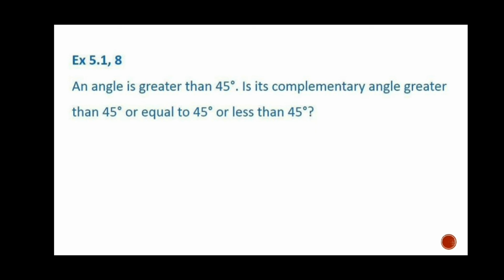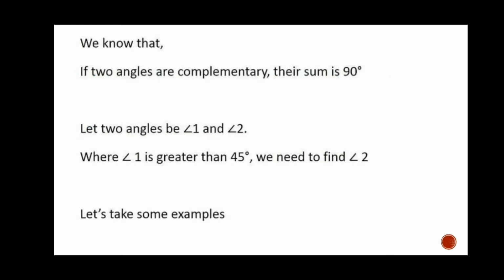So let's see the solution. We know that if two angles are complementary, their sum is 90 degrees. So we will take two angles, angle 1 and angle 2, where it is given angle 1 is greater than 45 degrees. So we need to find angle 2, meaning its complementary angle.